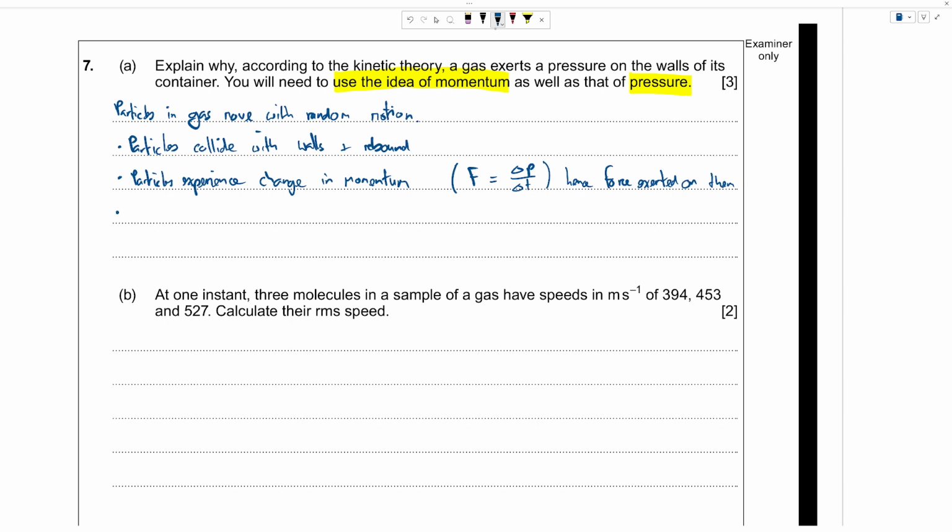And then I'd mention Newton's third law, which says that if there's a force exerted on the particles, there must be an equal and opposite force on the wall.